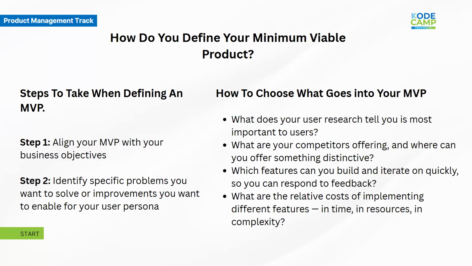Let's think about this in real terms. What are the strategic goals your company or your team is working towards? For example, maybe your company has set a revenue target for the next 7 to 8 months. Maybe your leadership has said we're focusing on trying to strengthen our core product line this year.